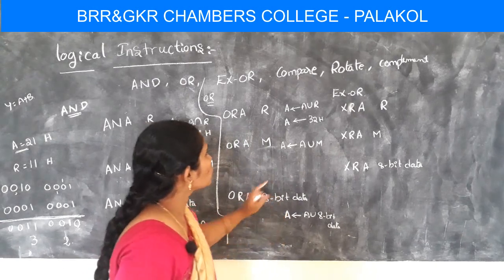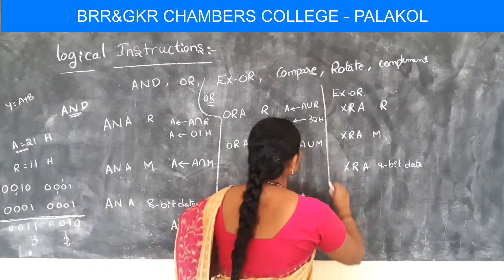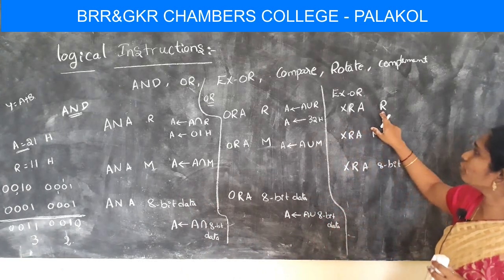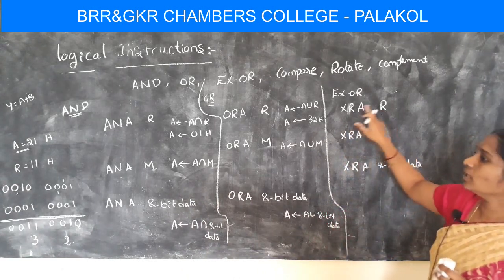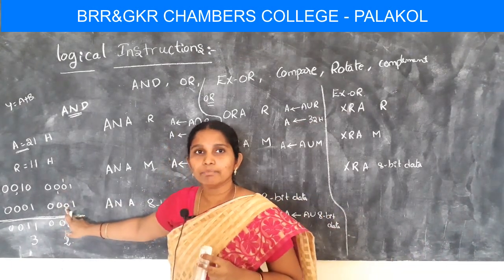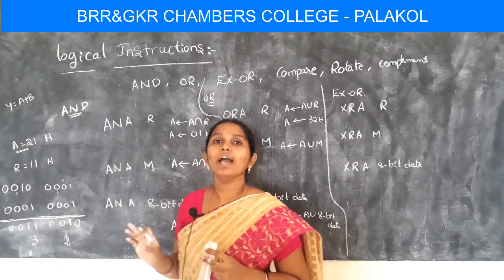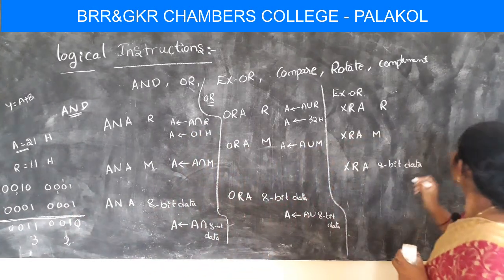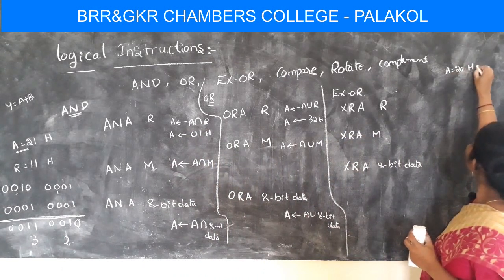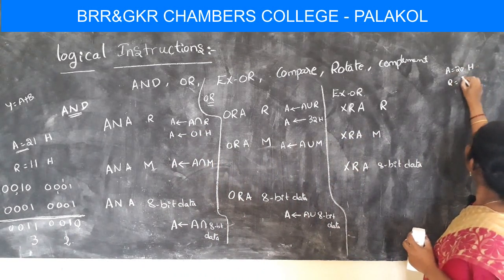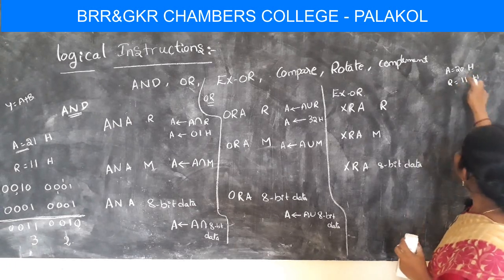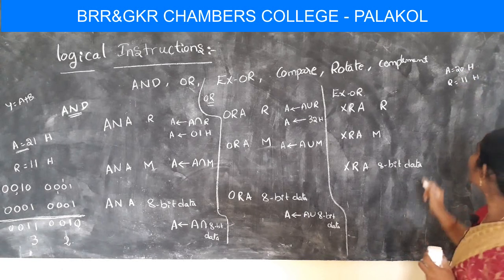The result is stored in the accumulator. Next is the XOR operation, the XOR of A. Between these two numbers it will perform the XOR operation. I consider A is equal to 20H and R is equal to 11H. H denotes hexadecimal values.